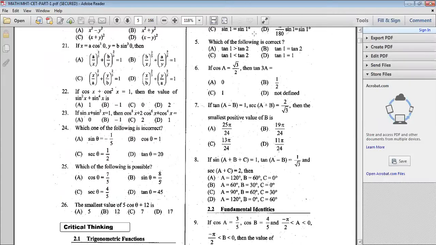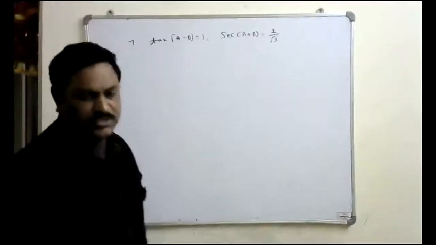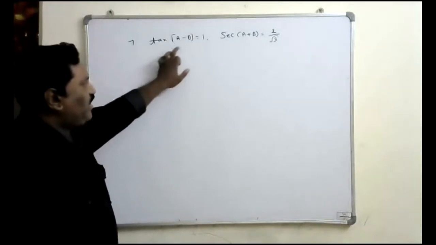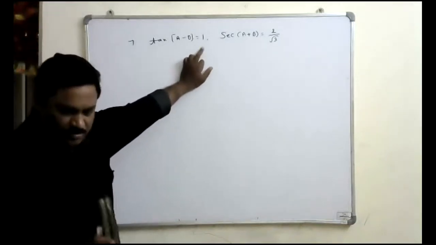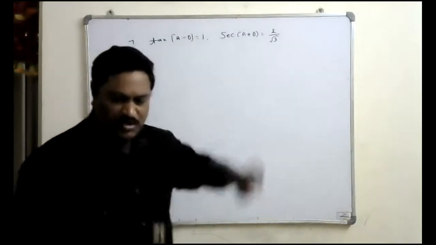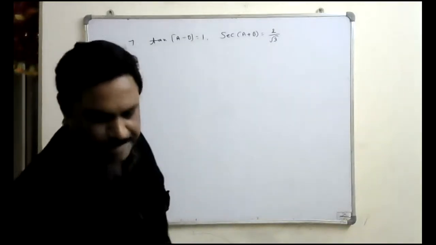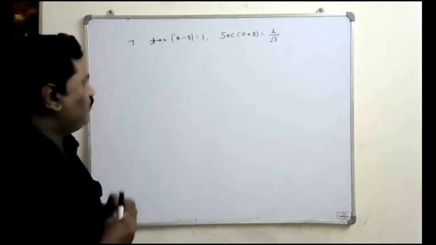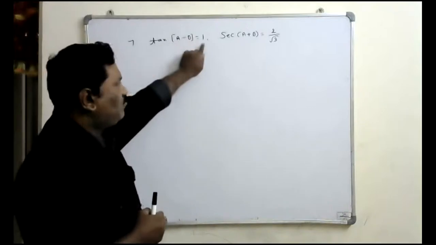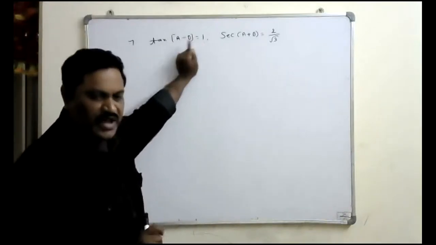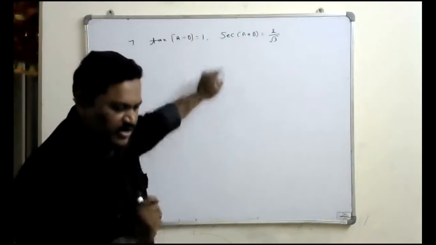Just observe here. It is given that tan of A minus B is equal to 1. For what angle tan will give 1? 45. But it is giving 1, which is a positive value, right? So tan is positive in which quadrant?